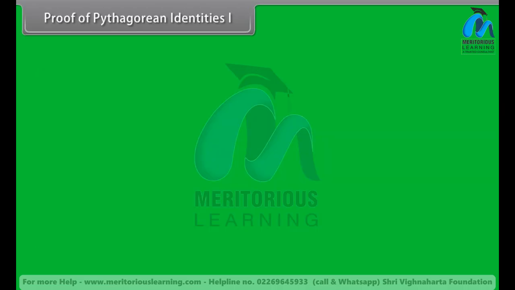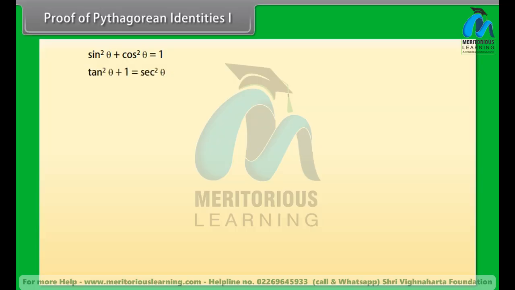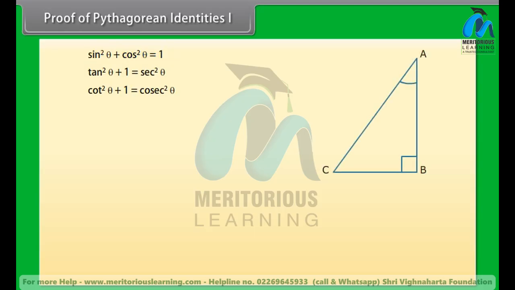Proof of Pythagorean identities 1. Now we will prove one Pythagorean identity and use it to prove other identities. For that we take a right-angled triangle ABC. By Pythagoras theorem, AB² plus BC² is equal to AC².